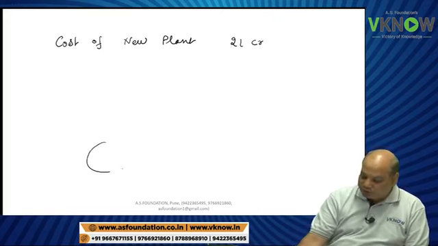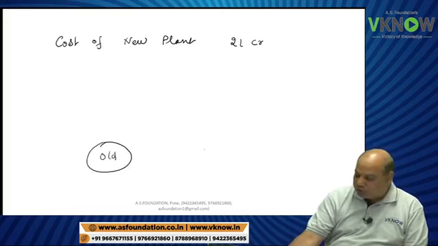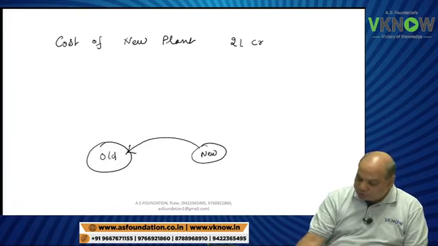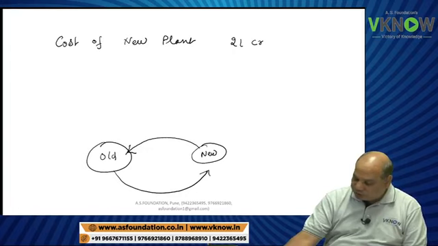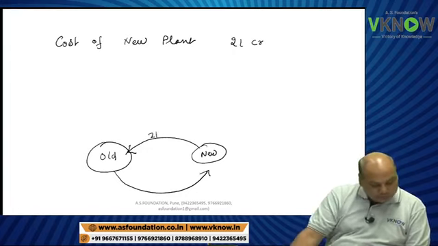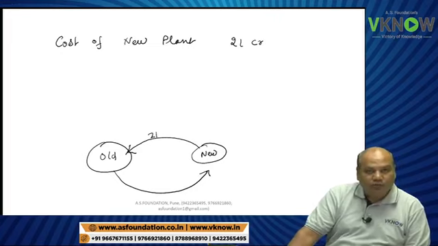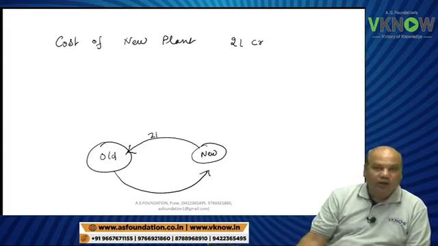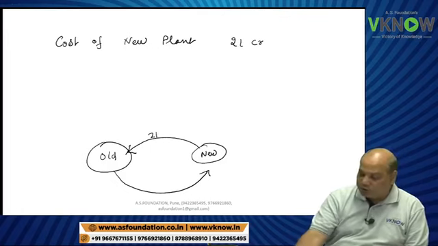So this is an exchange of old and new. New you will receive, old you will give. So the cost of new is 21. The book value of the old plant was rupees 12 crore, means WDV was 12 crore. But the vendor took over the old plant at a value of rupees 10 crore only.